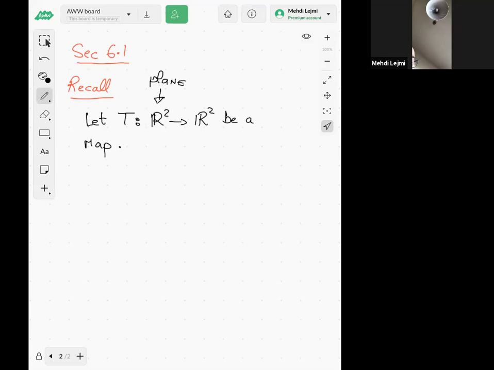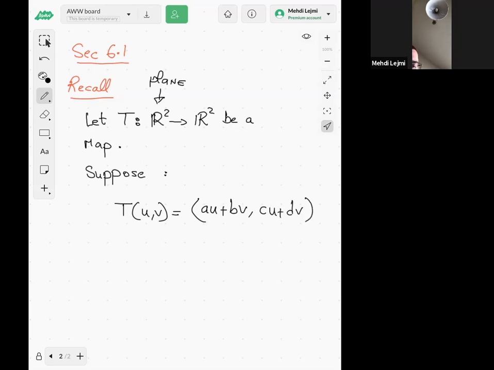So suppose T of UV is equal to A times U plus B times V, and then C times U plus D times V, right?